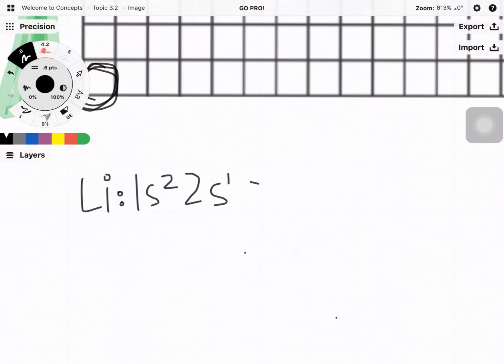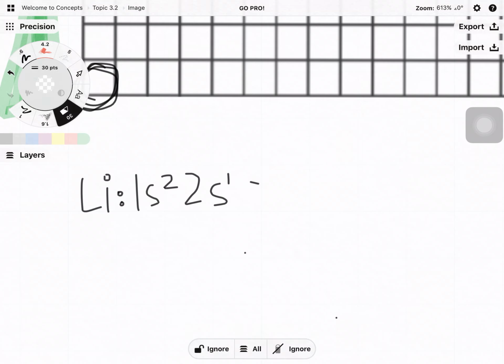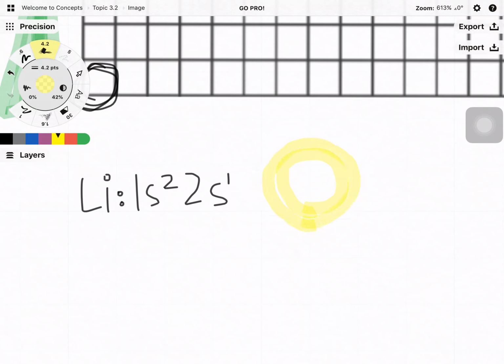So lithium has 3 electrons, 2 located in the first energy level and 1 located in the second energy level. So if we were to draw what it looks like, it would basically have 2 energy levels, 1, 2, surrounding a positively charged nucleus.